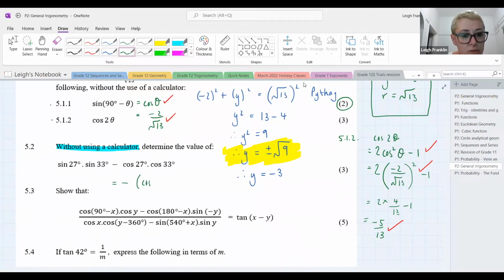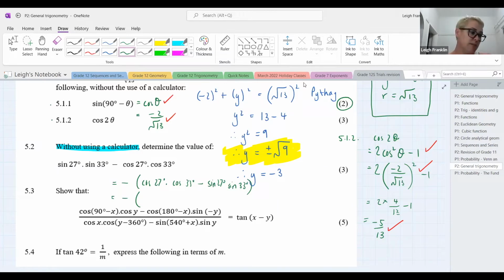That would give you cos 27 cos 33 minus sine 27 sine 33. After you've done that, you leave the minus on the outside. Now you can do the reversal of the expansion.